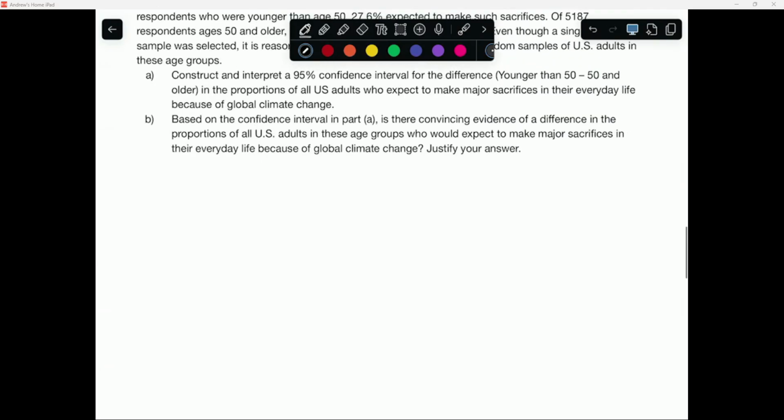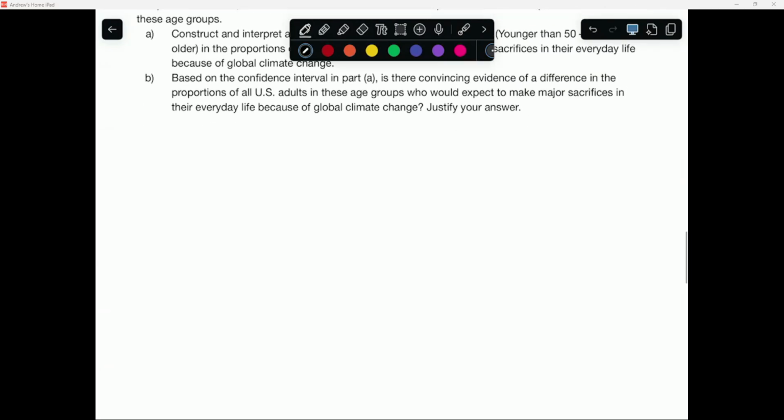So we're experts at this process now. State, plan, do, conclude. We're going to define our proportions, p1, p2. I'm going to do it in the order they were mentioned. They did mention younger than 50 first.